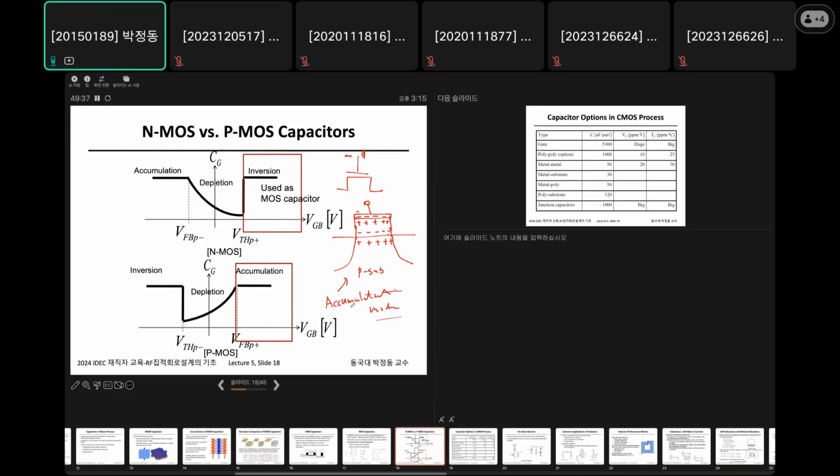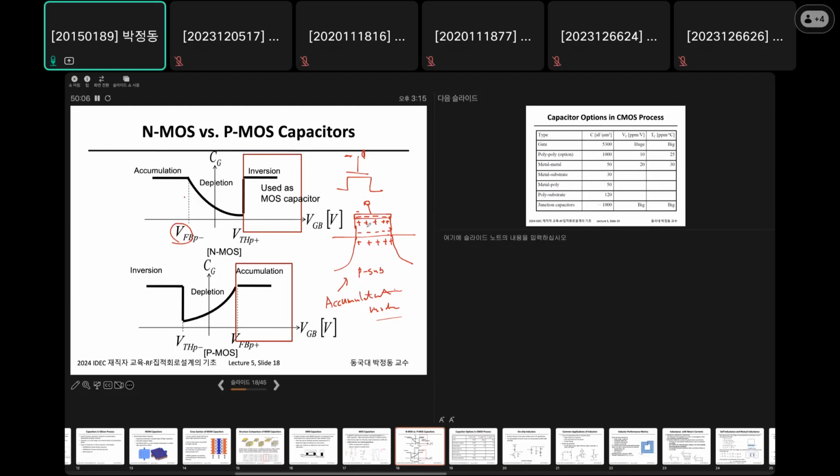So this exists when VGS is smaller than the flat band voltage. That's natural, right? Otherwise, once VGB is greater than V flat band, it induces depletion.